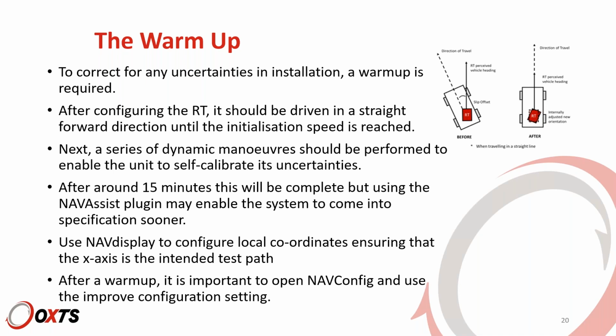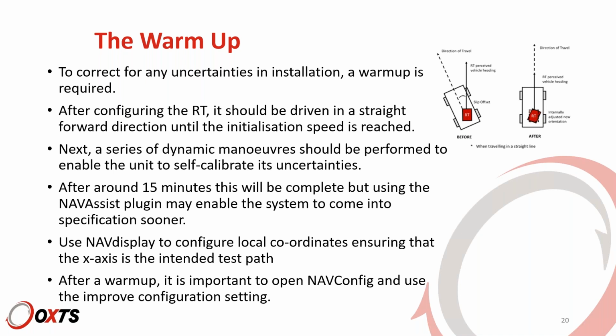That can be improved slightly as the warm-up goes on, but it's the initial configuration that the system needs. Then it needs to correct for any errors in the configuration itself. Because the system is accurate to 0.1 degrees for heading and 0.03 degrees pitch and roll, the chances are you might have configured it roughly orthogonally within the vehicle, but there might be, say, a degree out in yaw and maybe half a degree in pitch or roll. To be able to give you your full 0.1 degree accuracy in the vehicle frame, the system needs to correct for any errors there.